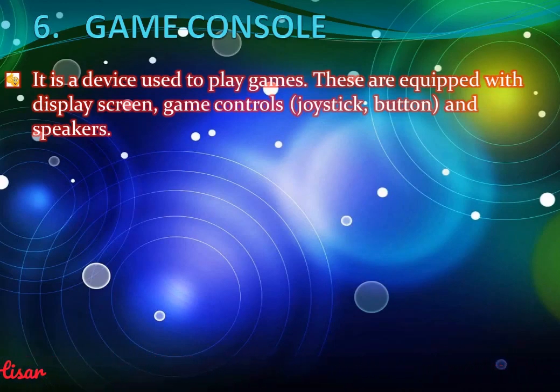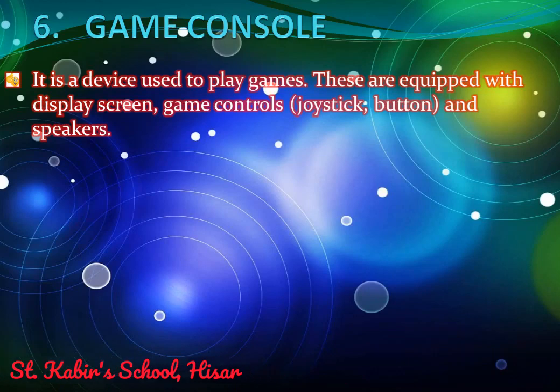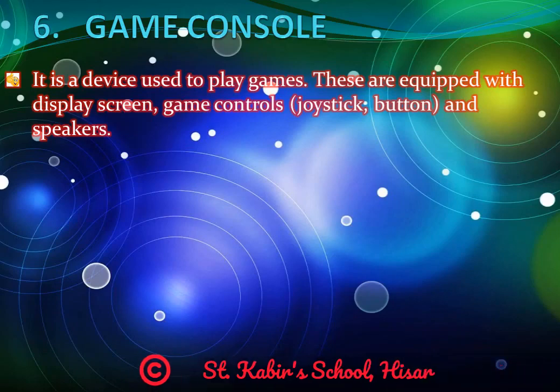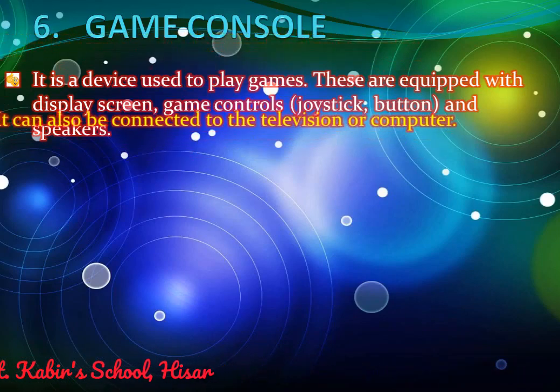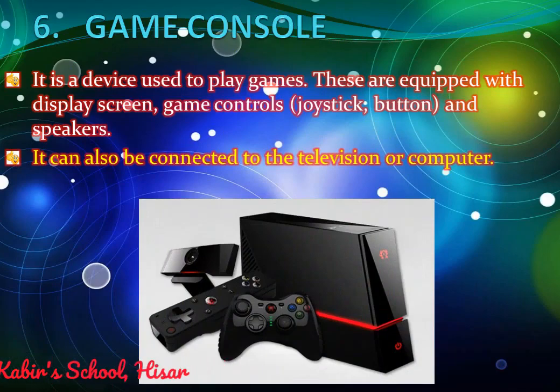It has game controls like joysticks or buttons, so that whatever game you are playing, you can control the characters in that game. And for sound effects, you have the speakers. Now this game console, you can connect it with a television or a computer. Now this is a game console.